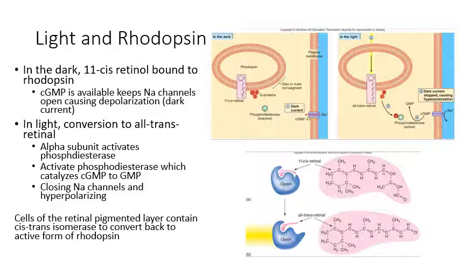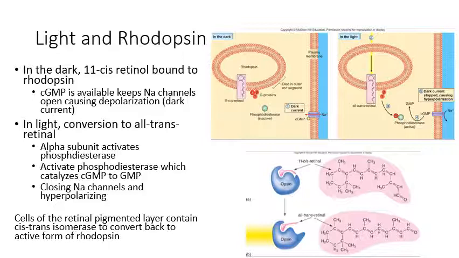All right, here's where vision gets fun. You have to think of this in reverse, because what have we seen with most of our receptors? That activation or the stimulus causes them to depolarize and send neurotransmitter.